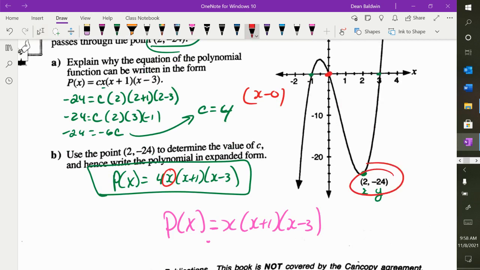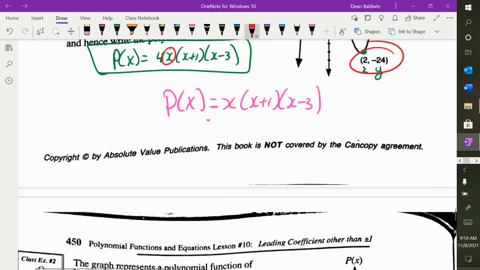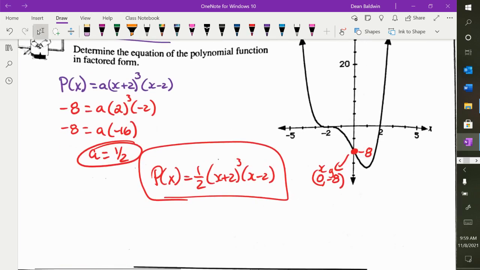You don't want to use any of the x-intercepts, because if you use an x-intercept, like say I use this point right here, that's -2, 0. So if I put -2 into here, I'm going to get -2 plus 2, which is 0, and then you're multiplying everything, so you get 0. It all goes away. So you can't use an x-intercept. It has to be another point.